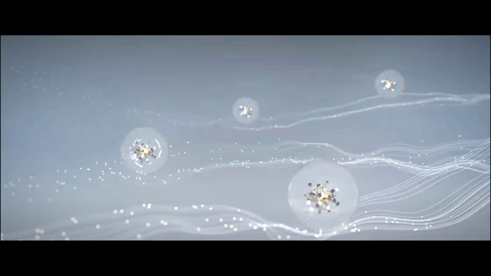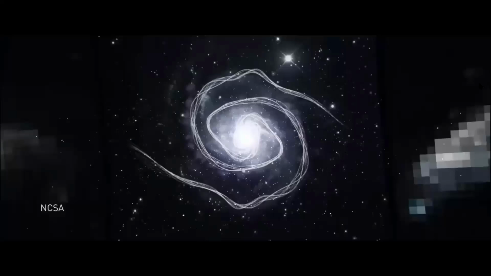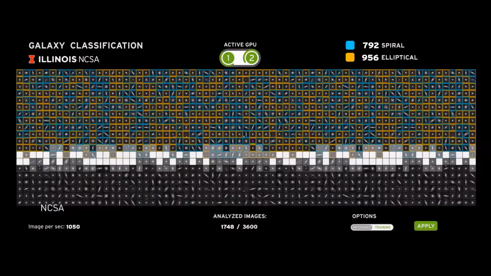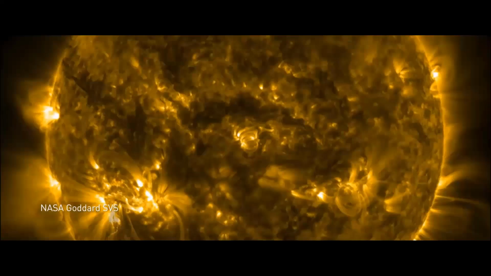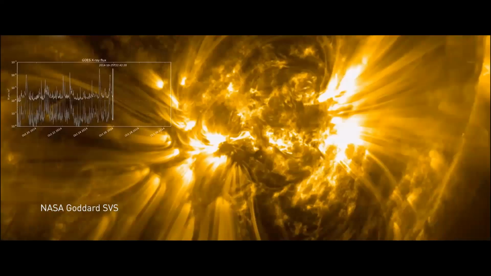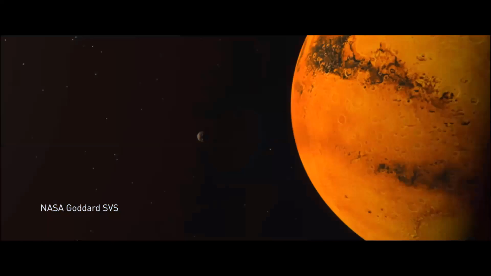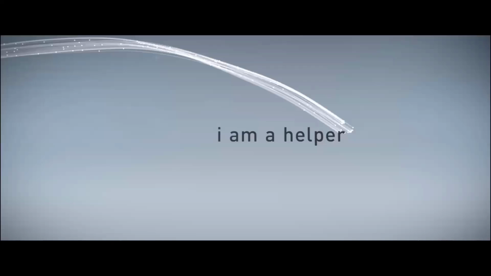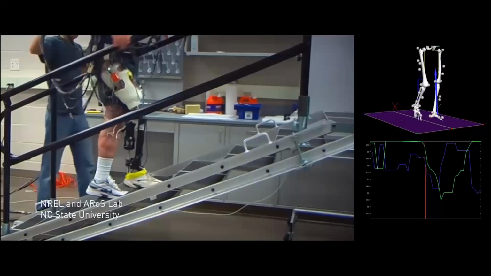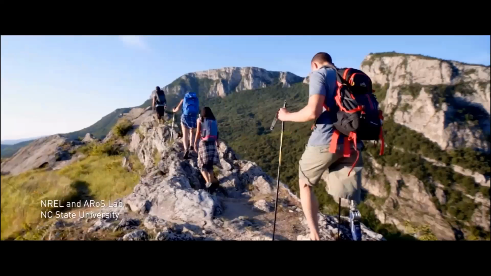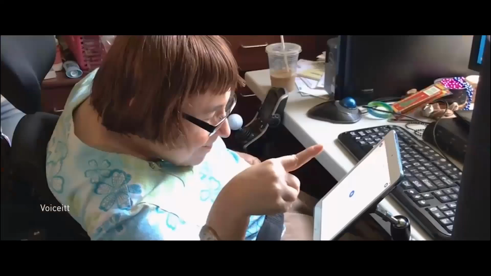I am an explorer. Searching for the origins of our universe. And charting a safer path to other worlds. I am a helper, moving us forward one step at a time, and giving voice to every emotion.